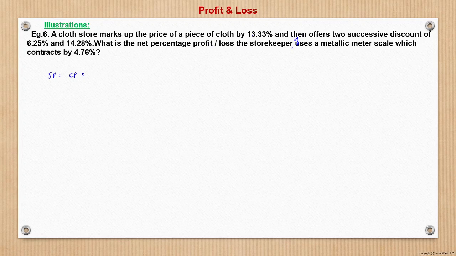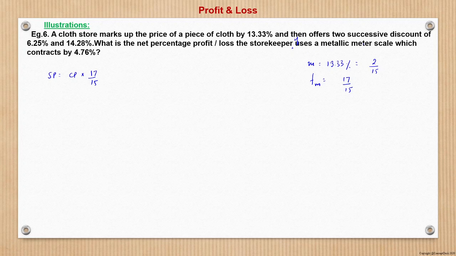First is the markup factor. Markup of 13.33%. So 13.33 is 2 by 15. So we can say that multiplying factor for markup is nothing but 17 by 15. So selling price will go up by 17 by 15, right?